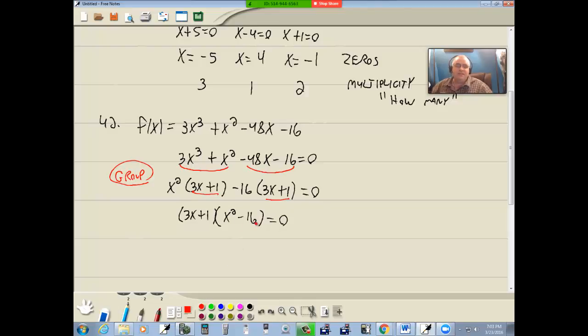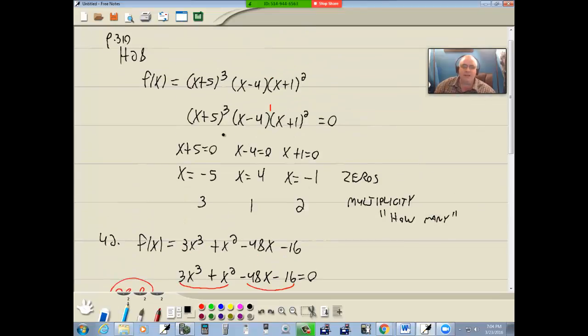Now x squared minus 16, two terms with minus between it, that's a difference of two squares. So this factors as 3x plus 1 times x plus 4 times x minus 4 is equal to 0. So now we're at basically the same point where the first problem was, where everything's factored.